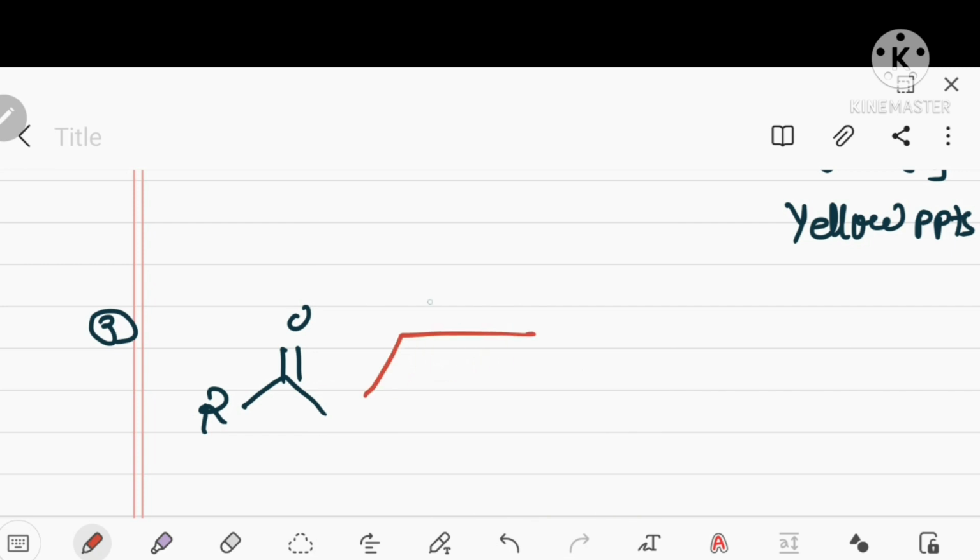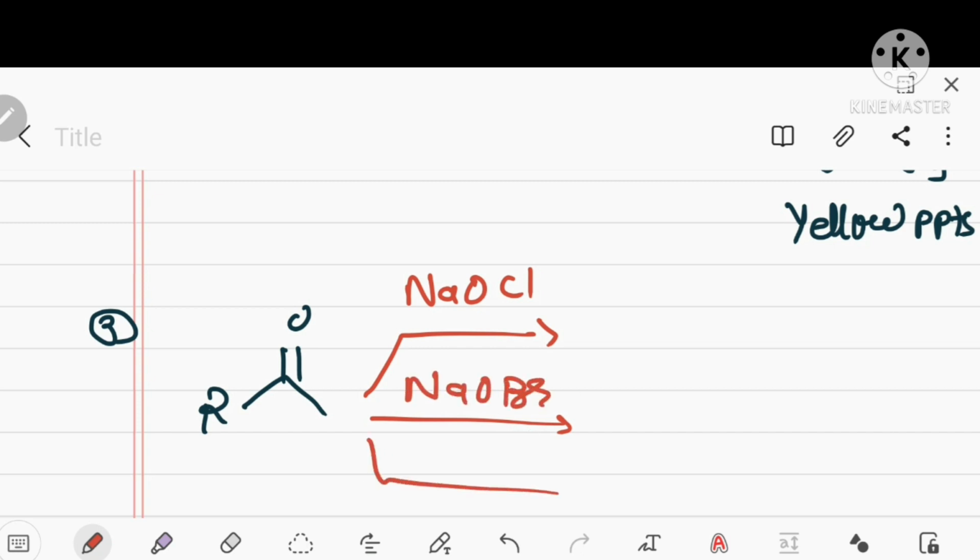First you react it with sodium hypochlorite, then it reacts with sodium hypobromite, and then it reacts with sodium hypoiodide, and the rates of reaction are R1, R2 and R3.